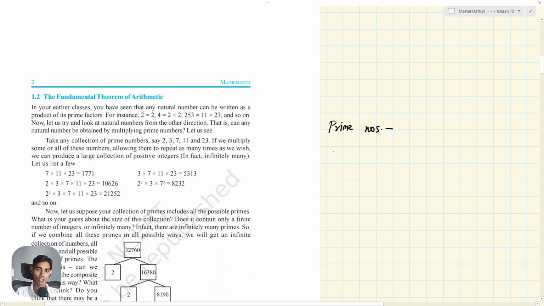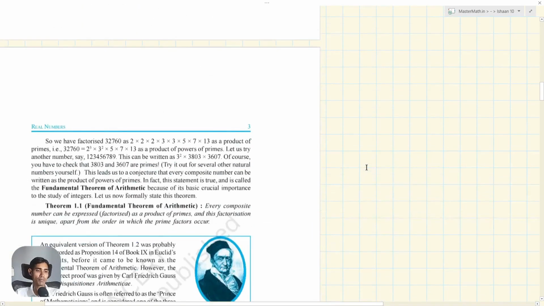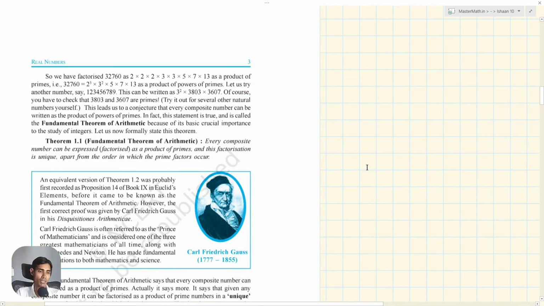That is the definition of prime numbers. And composite numbers are made up of multiple prime numbers. Now, this is the theorem.